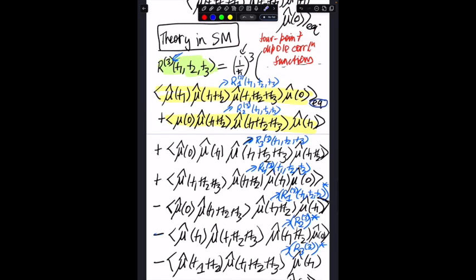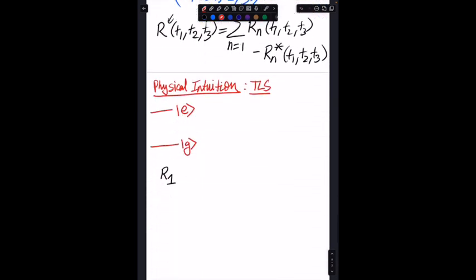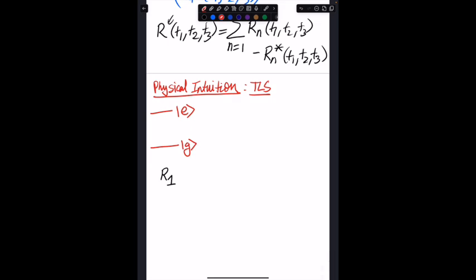So that's why it's known as a four-point dipole correlation function. So let's consider our first four-point dipole correlation function, or the sub response function R1.